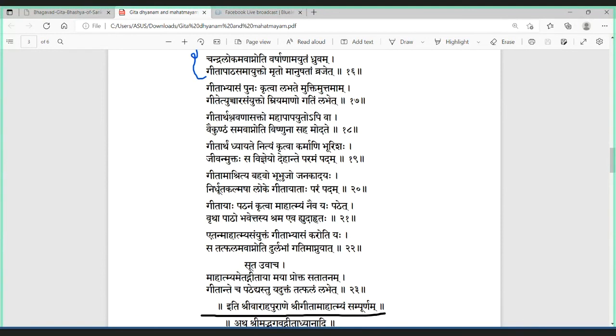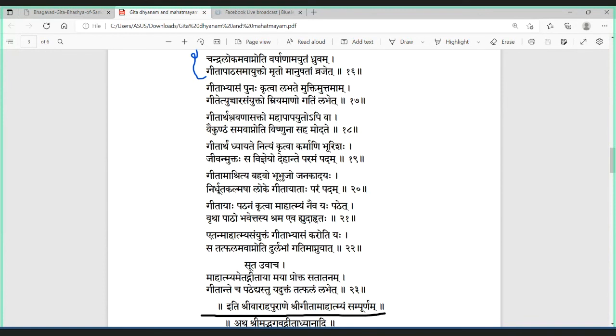So when you are listening to Gita, asaktaha, deeply, intently, with interest, just hearing it. Mahapapayutaha api va, he goes to Vaikuntha, samavapnoti. He goes to Vaikuntha and stays with Vishnu and enjoys.